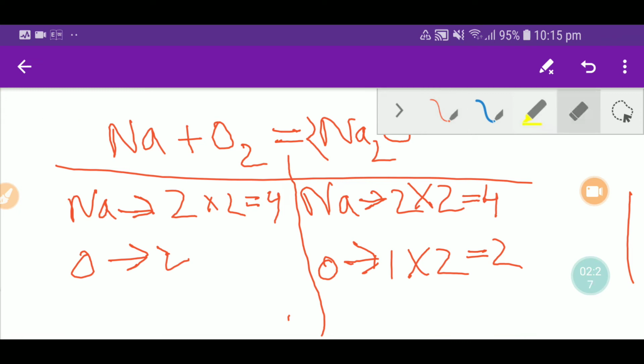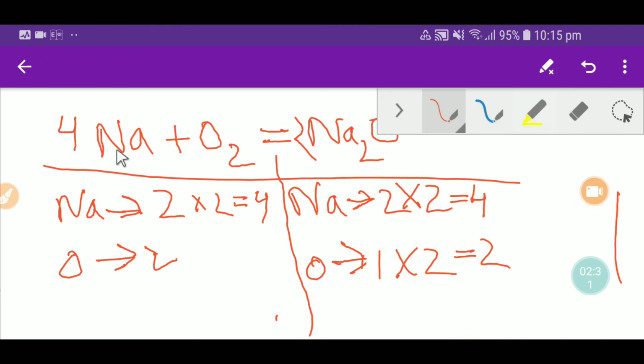So you have to write here 4, and now you have 4 sodium, then 2 oxygen, so you can say that this equation is balanced now.